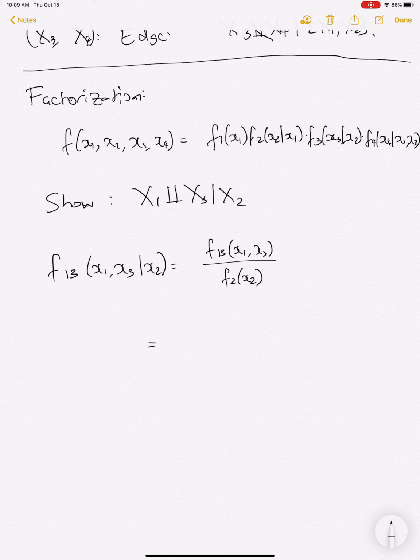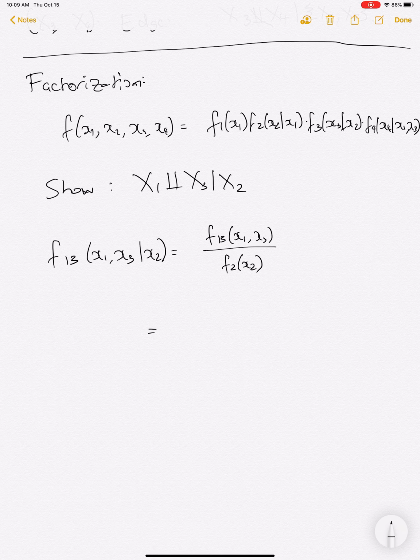So that is equal to the integral of, and then we want to integrate that over dx2, dx4, sorry, let me just write that out.